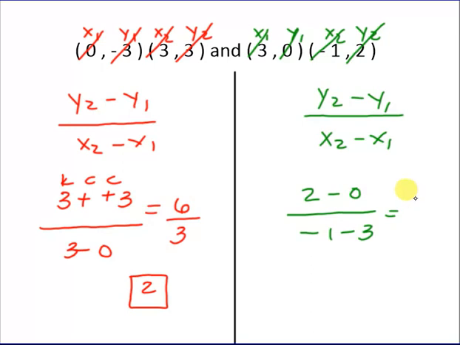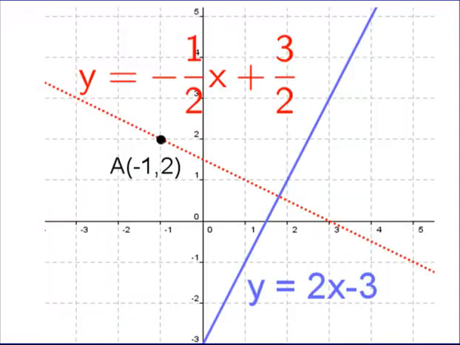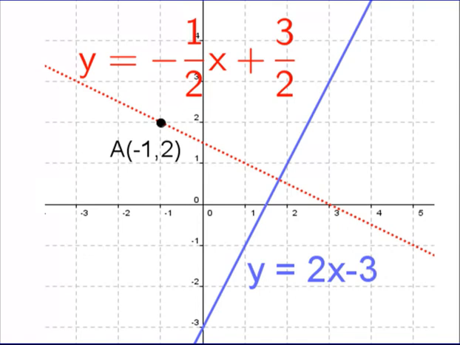So 2 minus 0 is 2. Negative 1 minus 3 is negative 4. Positive divided by a negative is a negative, and 2 over 4 simplifies to 1 over 2. So the reciprocal of 2 is 1 over 2, and the opposite of positive is negative. And this is what the graph would look like right here.